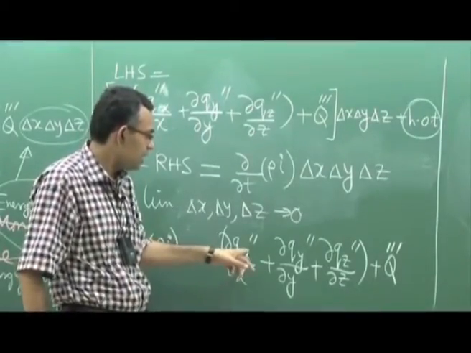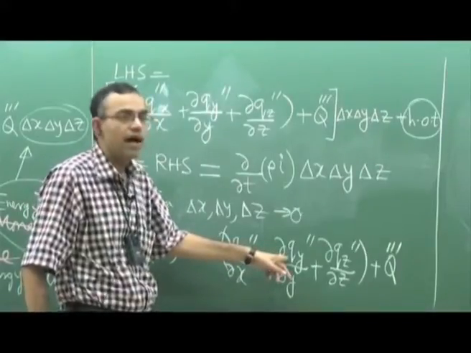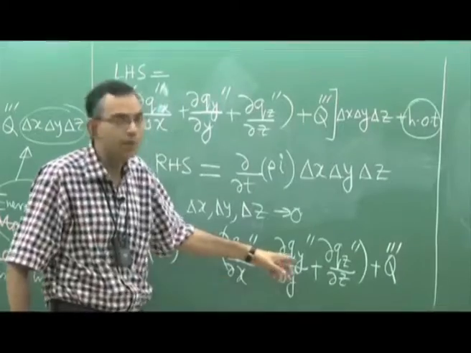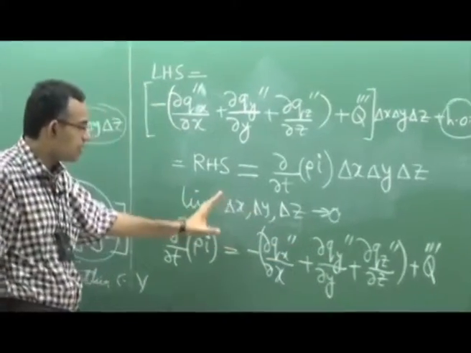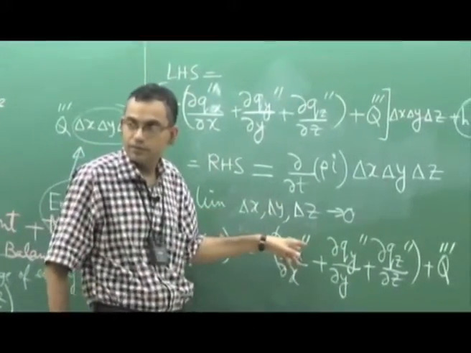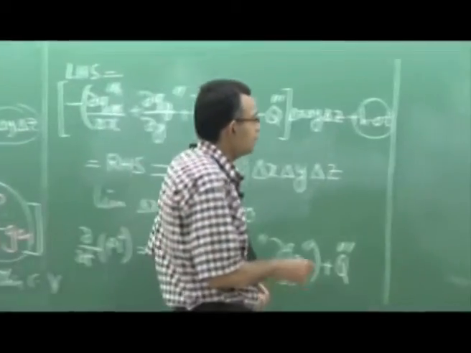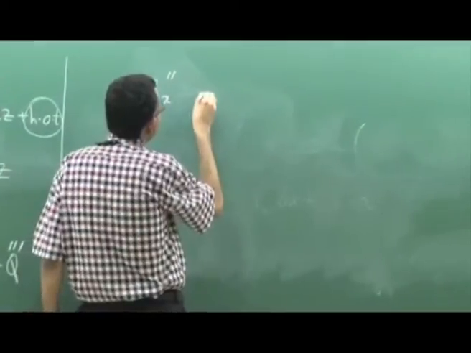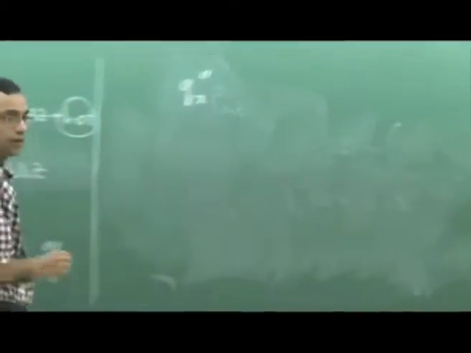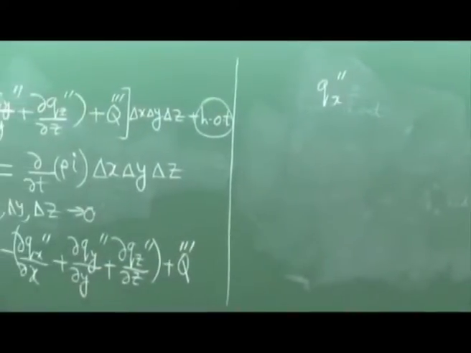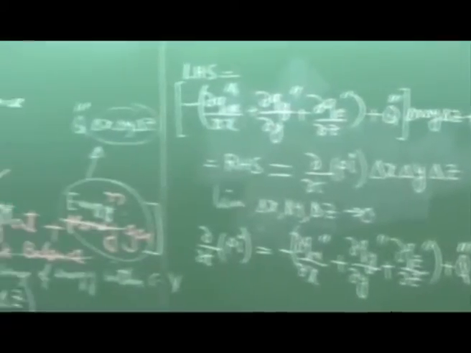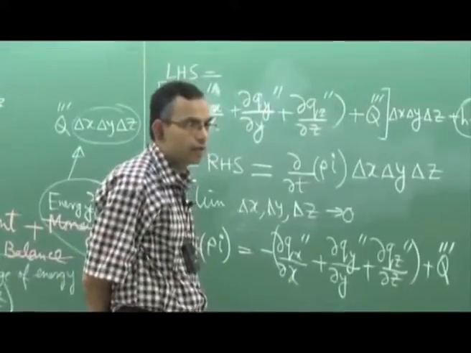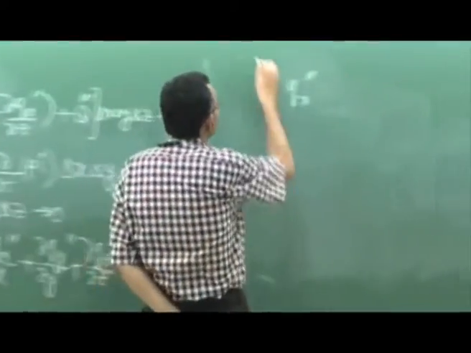So if we write the heat flux as a function of a parameter which is directly measurable, for heat conduction, how can we write that? So let us say that heat flux along x, how do you write it in terms of a measurable parameter for conduction?